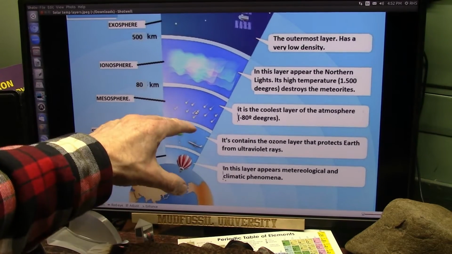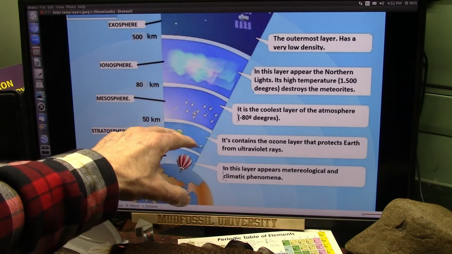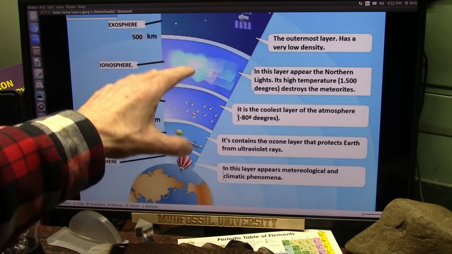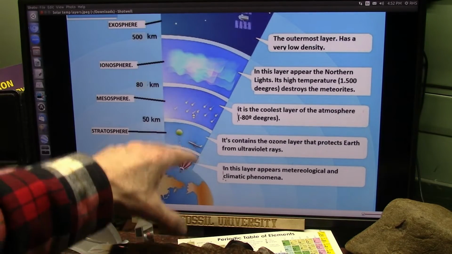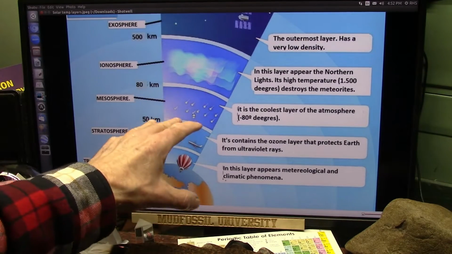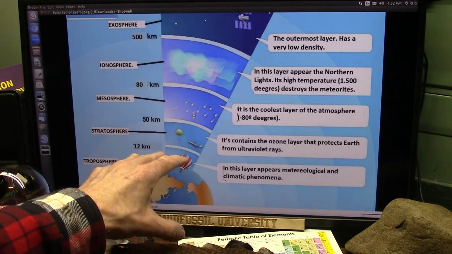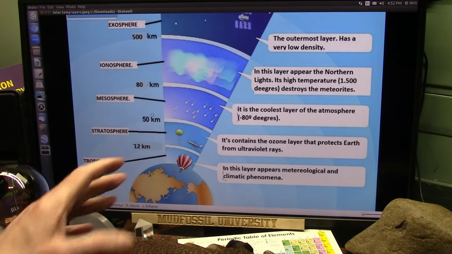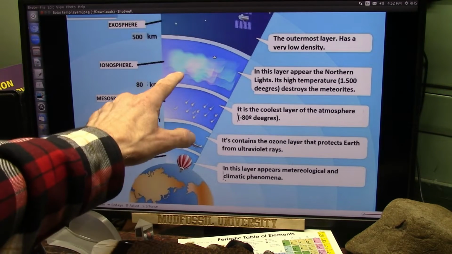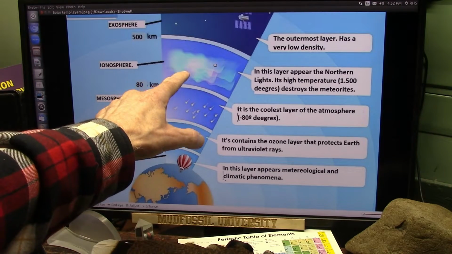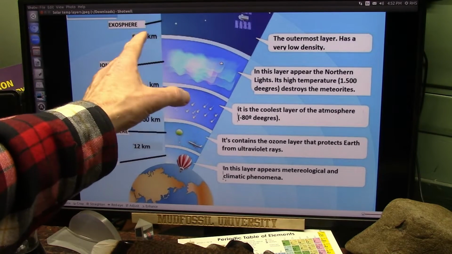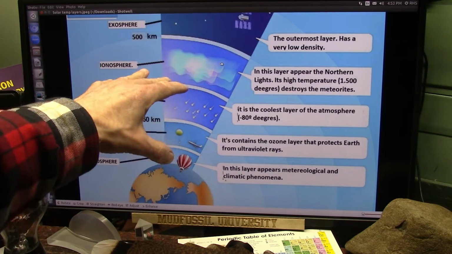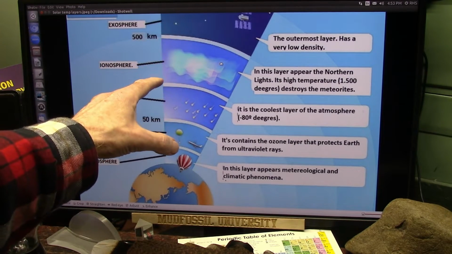Because by this time, we're starting to get a little bit of a dense atmosphere. And it's dense enough to counteract most of the impacts of those heavy-duty particles: cosmic rays, ultraviolet, X-rays, all that stuff. But it still gets hotter down here, so it's cold, hotter than hell up here, and everything burns up coming through here. It depends on how it comes through, and it depends on what the material is.